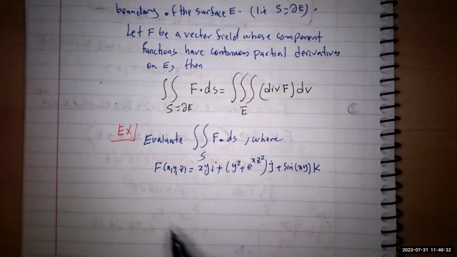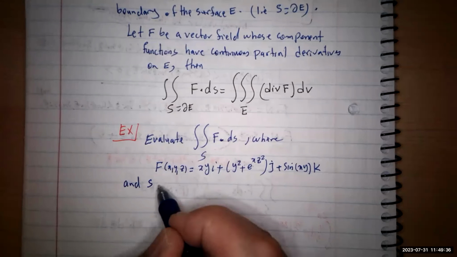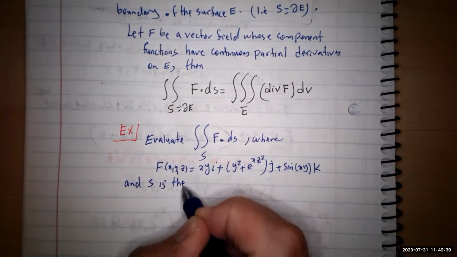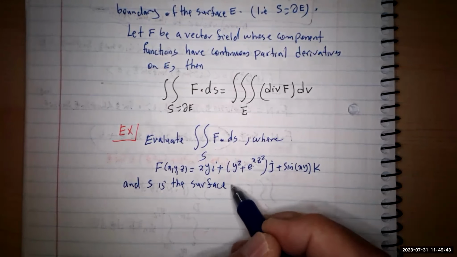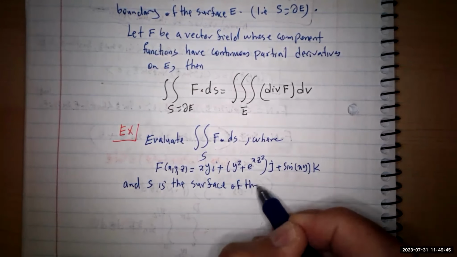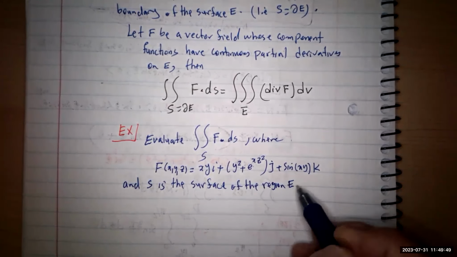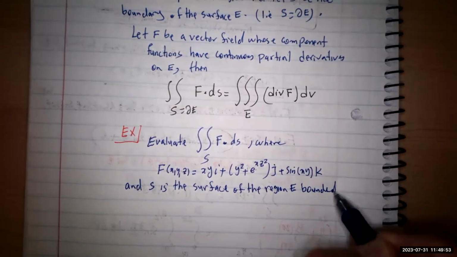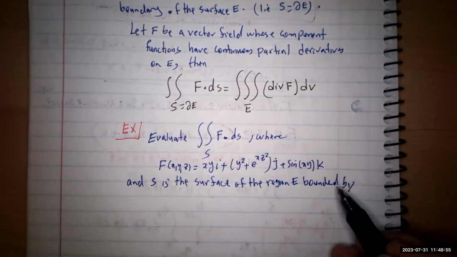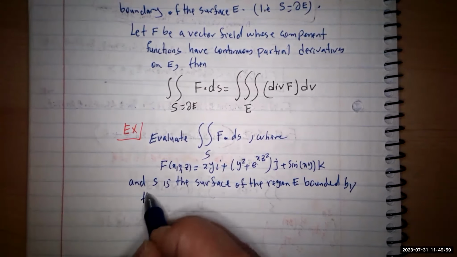And what is the surface? S is the surface of the region E bounded by the parabolic cylinder.